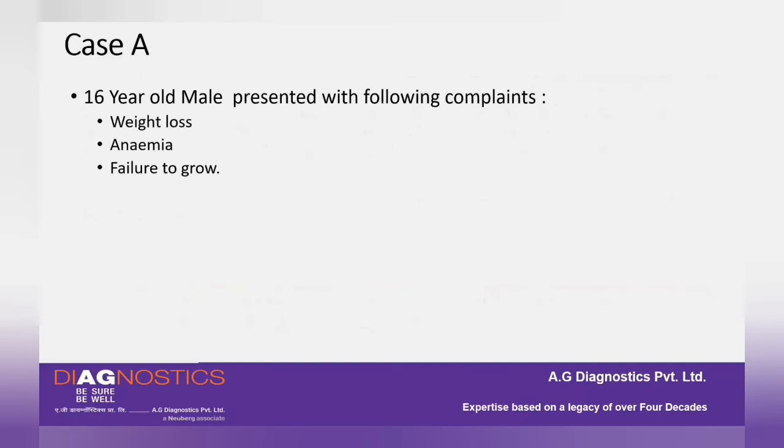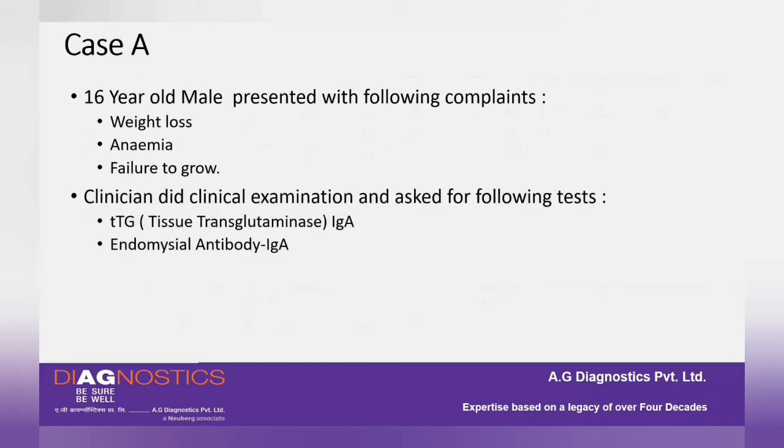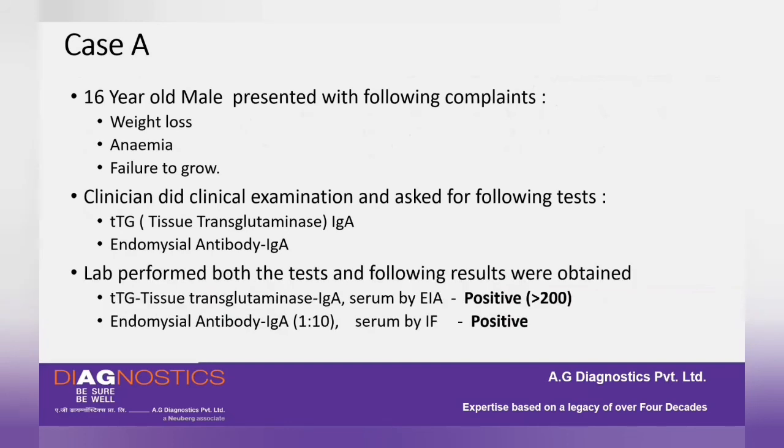So I'll present one or two cases. There is a case A, a 16-year-old male who presented with the following symptoms: weight loss, anemia, and failure to grow. After examination, the clinician asked for the following tests: TTG IgA antibody and endomysial antibody. And there is a positive result for both TTG as well as endomysial.